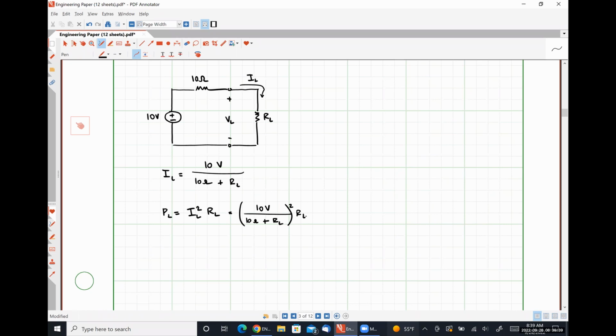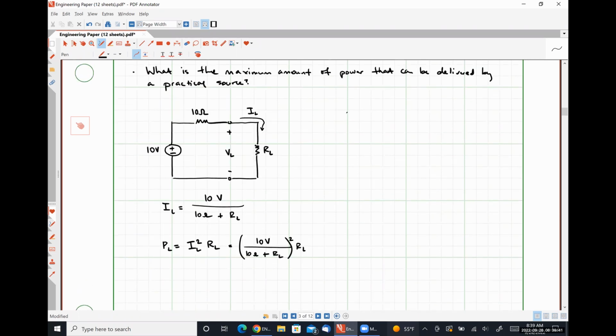If we were to plot this graph, it would look something like this. So this is power as a function of resistance, and this is the load resistance RL.